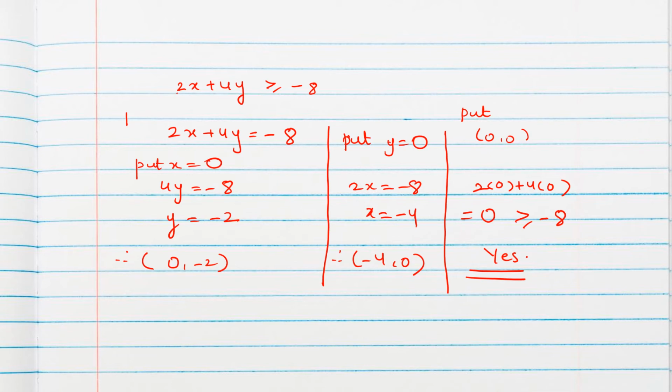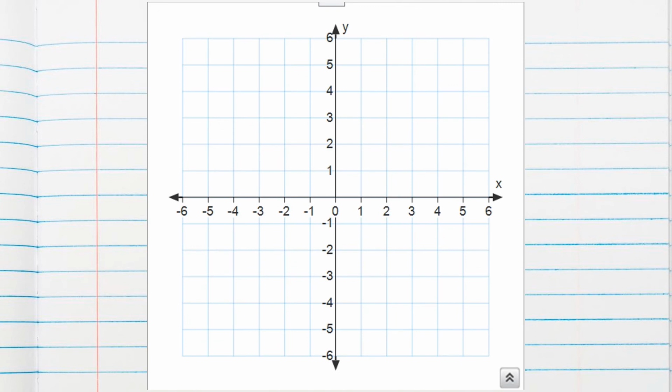Now we will check on the graph. We got 2 points here, minus 4 comma 0, that means this point, and 0 comma minus 2, the point on the y-axis. Now we will join these 2 points to get a line.